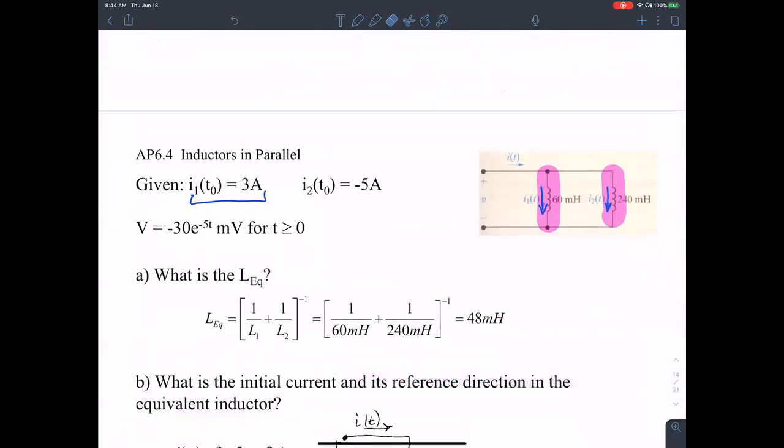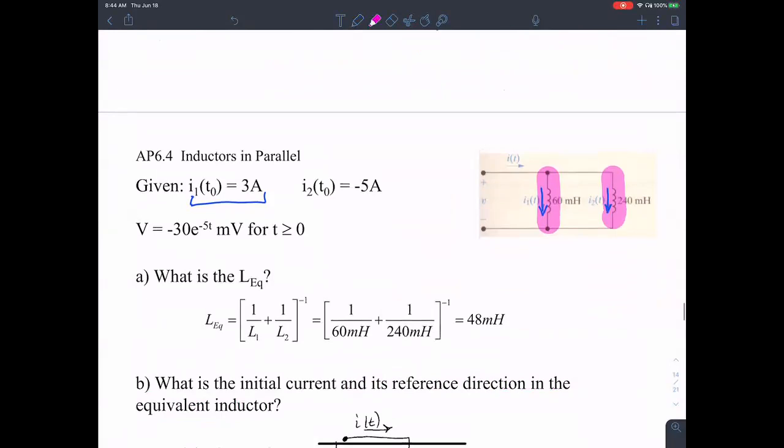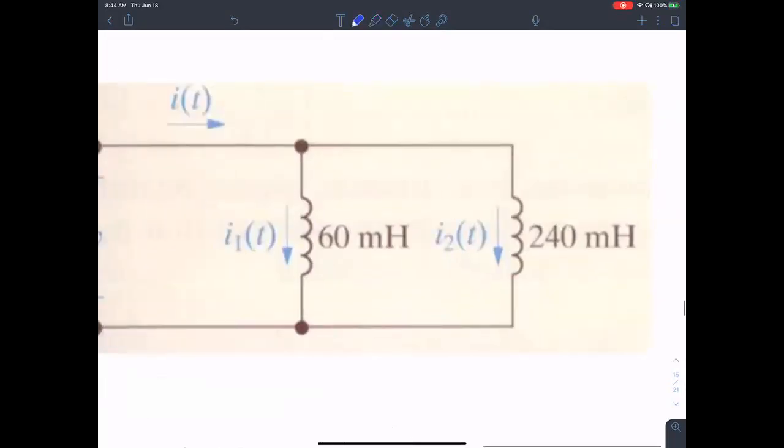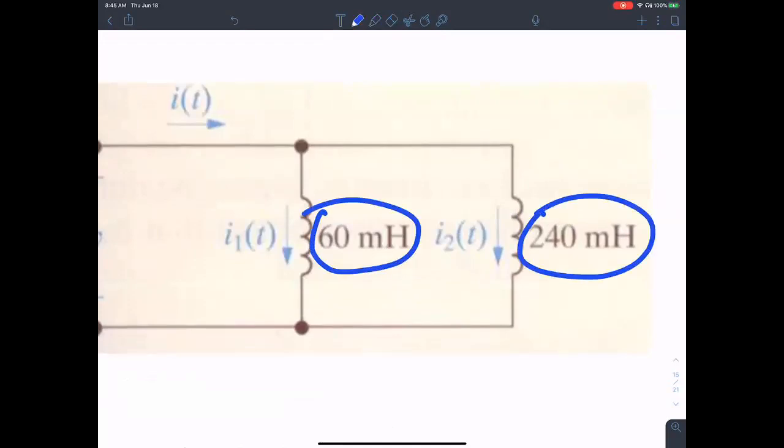What is the initial current and its reference direction in the equivalent inductor? So there are two questions. What is the equivalent inductance of two parallel inductances? When inductances are in parallel, the equation is similar to that of parallel resistances: L1 L2 by L1 plus L2. So you get the parallel equivalent of two inductances, 60 and 240, which is less.